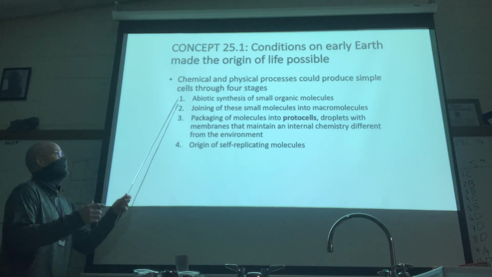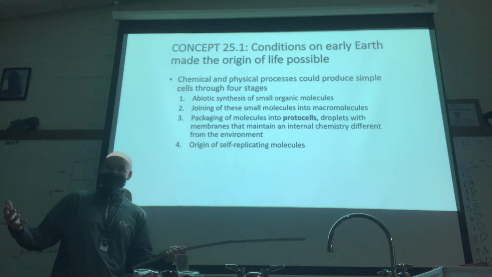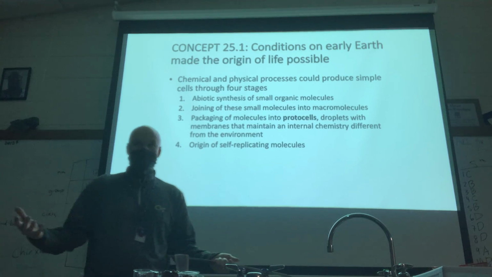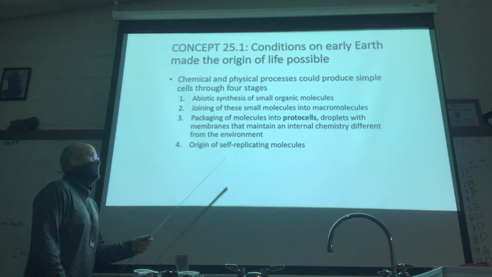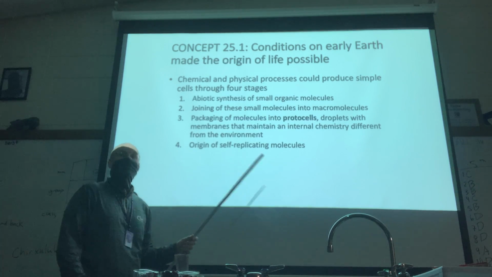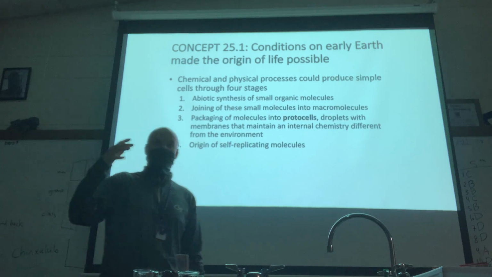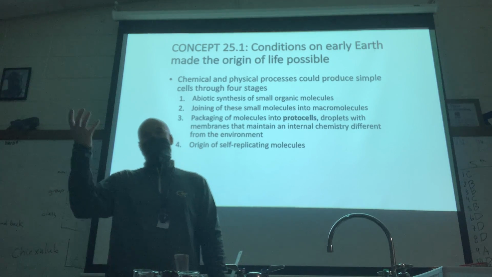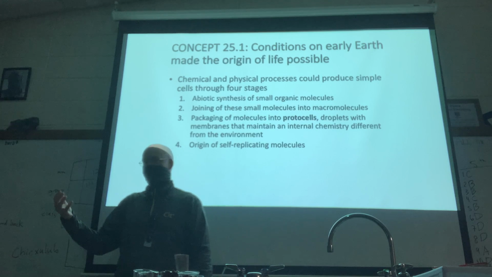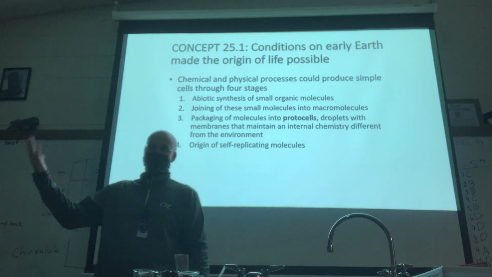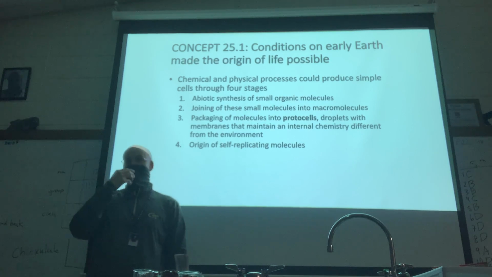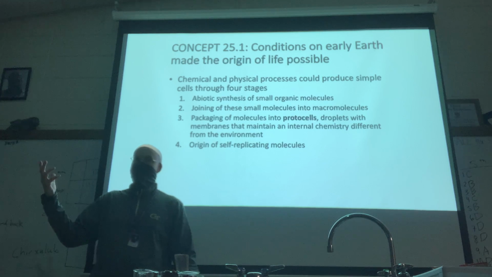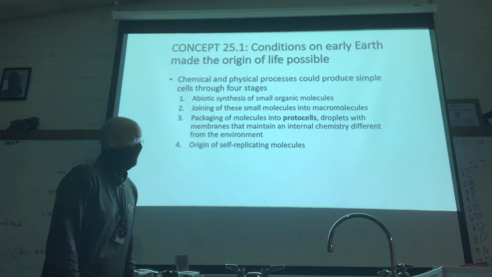Well, these are kind of your 4 major requirements, really, I guess, on any planet, that would have to happen in order to get to the first single cell that can then reproduce and turn into 2 cells, and over about 3.5 billion years to 4 billion years diversify out into the life we see today.